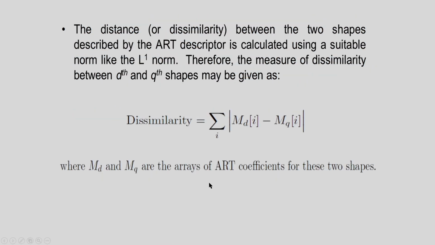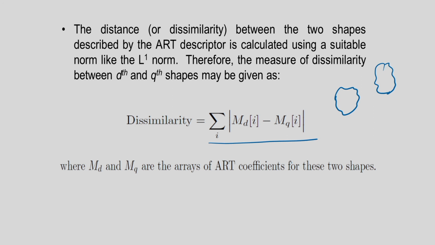And if I want to consider the similarity between two shapes, suppose one shape is this and another shape is this, the dissimilarity between these two shapes can be determined based on the ART coefficients. So I am calculating the dissimilarity between two shapes.